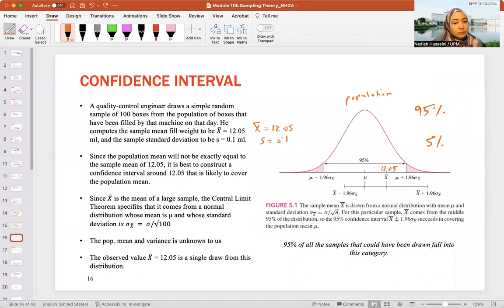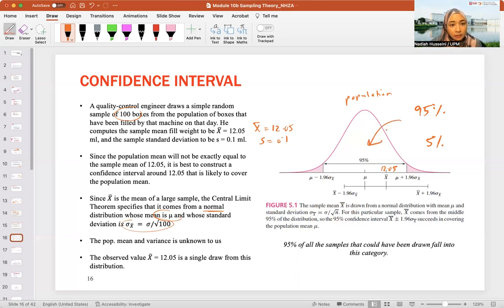Okay, since X̄ is the mean of a large sample, our sample is 100 and it is greater than 30. Therefore, it follows the central limit theorem, which tells us that the sample mean is normally distributed, with mean mu and standard deviation this guy. When we talk about the normal distribution whose mean is mu, it doesn't mean that our sample mean is exactly mu, but the normal distribution from which we take our sample has this value.